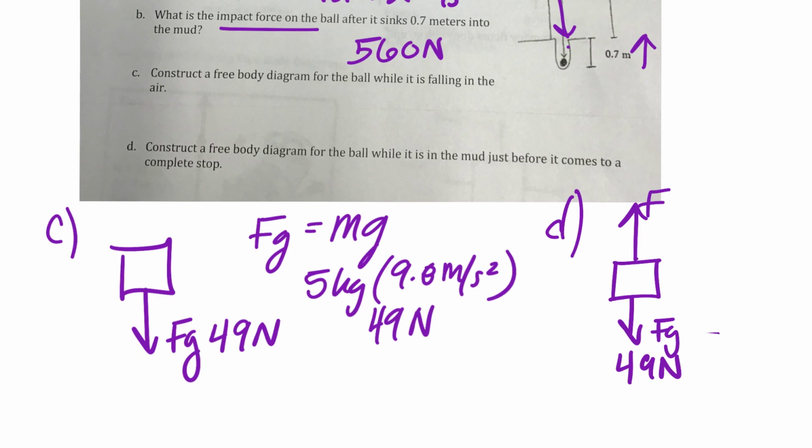Technically, it's an applied force, the mud pushing up. You can put just force of the mud on there if you'd like. I'm not too picky about that. But that's going to push up, and that's going to be that 560 newtons that we found earlier. That's going to push up against it. So that's it for D here. All right, so that's it for question 13.